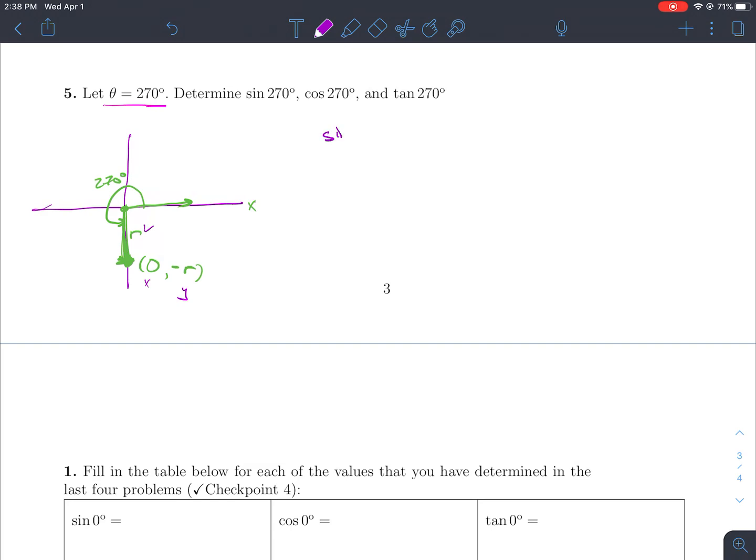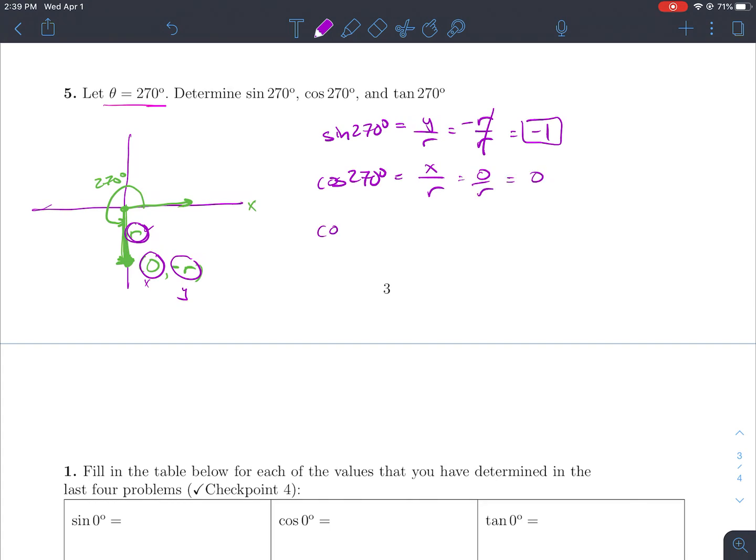All right, so let's write these down. Sine of 270 degrees is equal to y over r as always, so y over r, negative r over r this time. R divided by r is negative, so this makes it -1. Cosine of 270 degrees is equal to x over r, so that's 0 over r, which is 0.